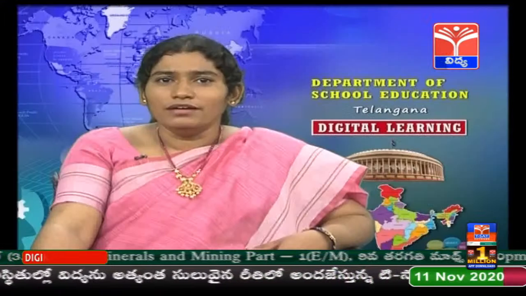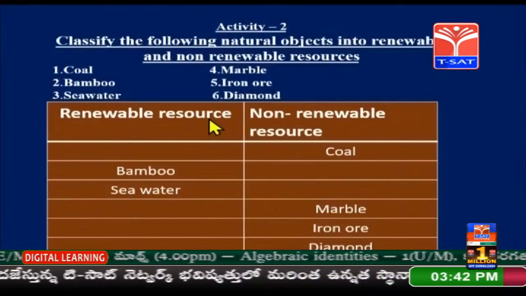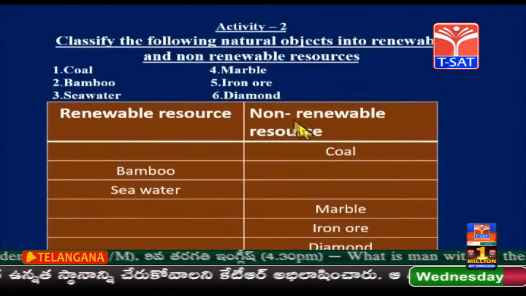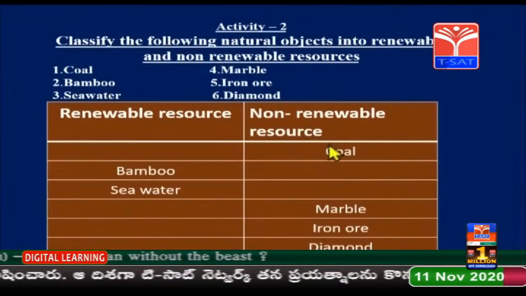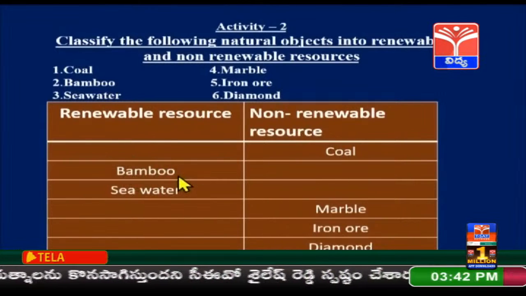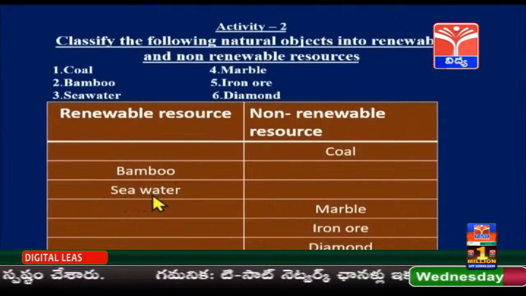So, let us understand which are renewable resources and which are non-renewable among these. Coal. Yes, it is a non-renewable resource. Bamboo. It is a renewable resource. Seawater. It is a renewable resource.